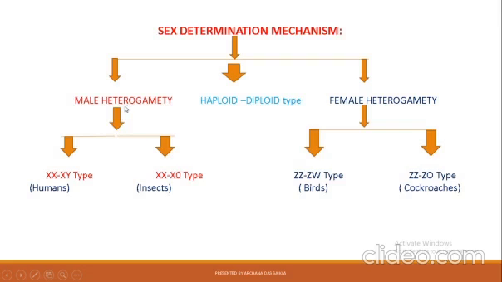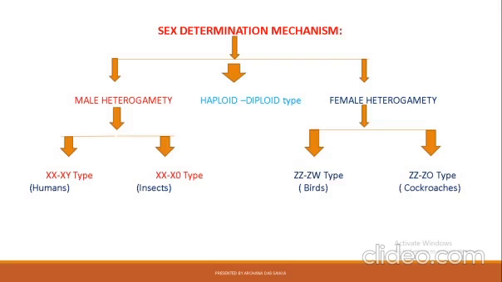Now in this type of mechanism, the male individuals produce 2 different types of gametes, and they are the ones responsible during the process of reproduction for determining the sex of the future offspring.